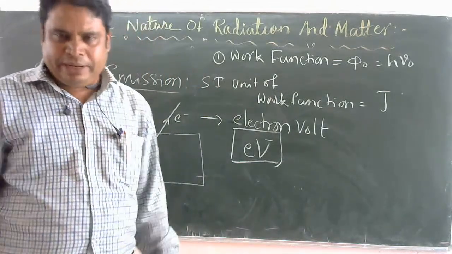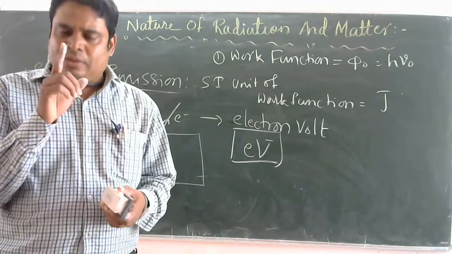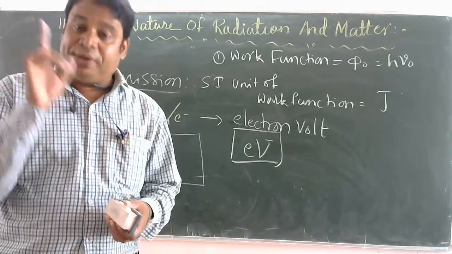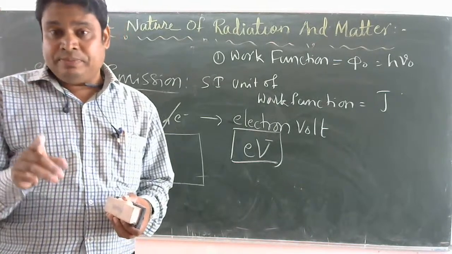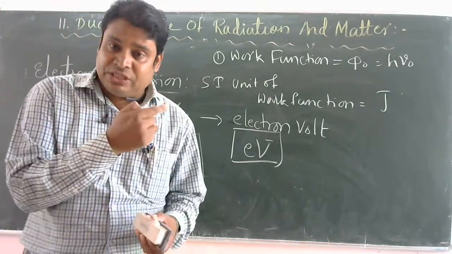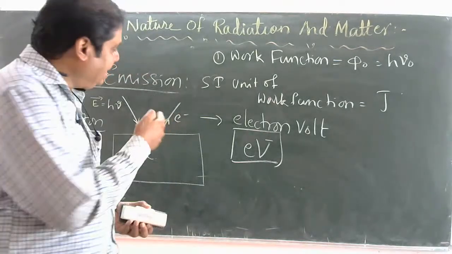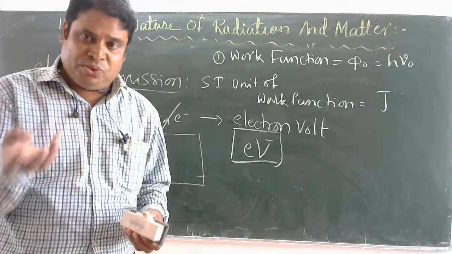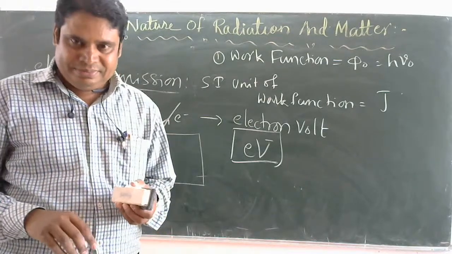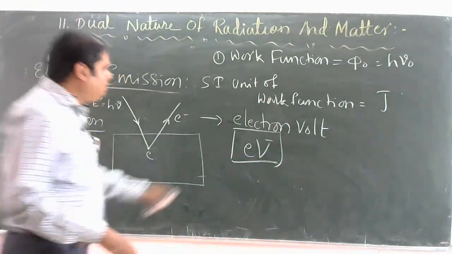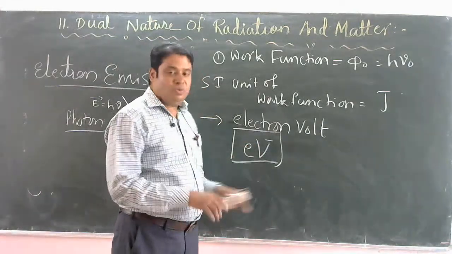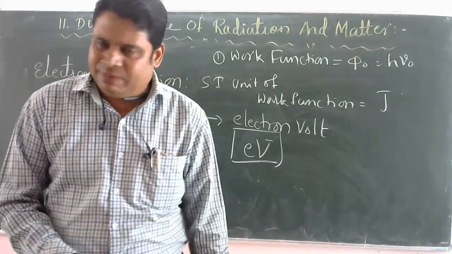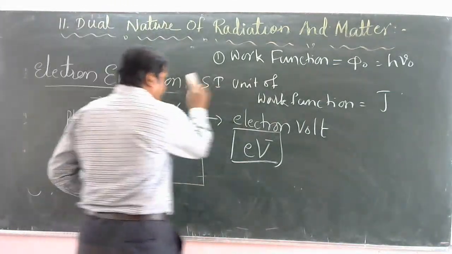Very important point I am telling. While solving problems, most of the problems as far as work function is concerned are given in electron volt only, or you are asked to convert electron volt into joule and joule into electron volt. The practical unit of work function is electron volt.